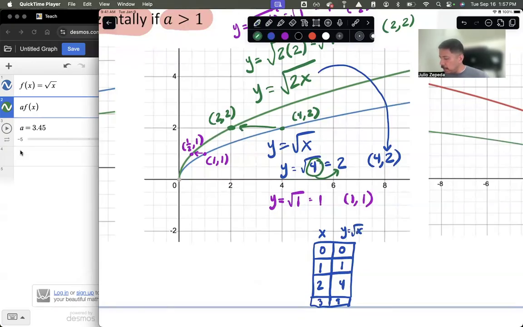So if I were to make a new table, let's suppose I wanted to graph x and then y, where y is equal to the square root of 2x.